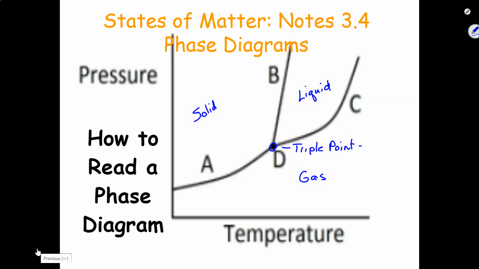So at the triple point, what does that mean? It means that it's at a state of equilibrium where all phases exist.